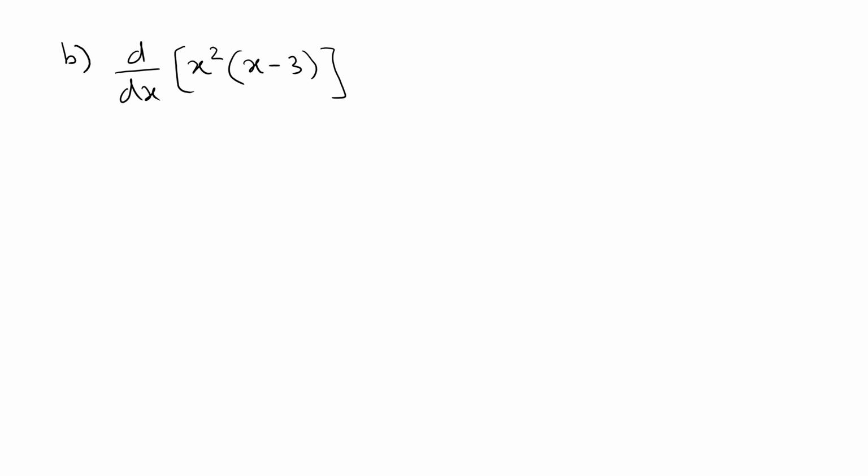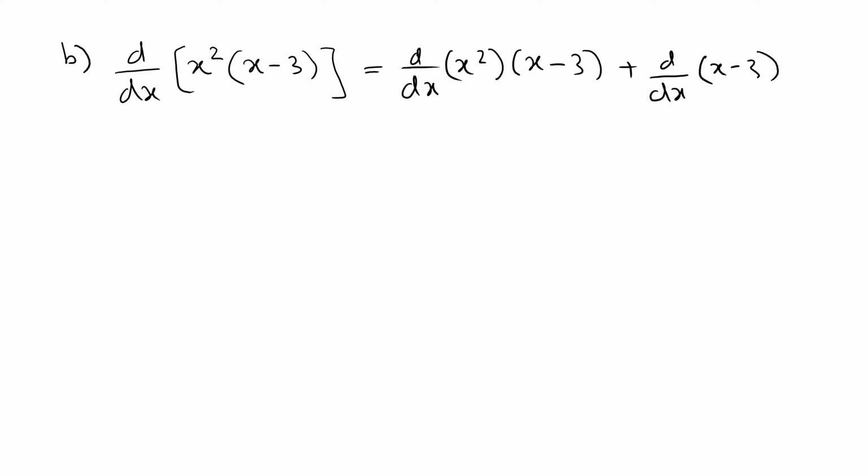As the next example, we have x squared times (x minus 3). Again, using the product rule, it is the derivative of the first one, which is x squared, multiplied by x minus 3, plus the derivative of the second one, which is x minus 3, multiplied by the first one.